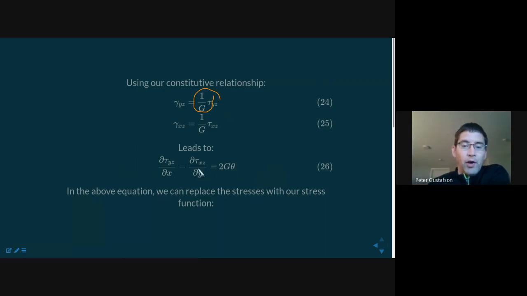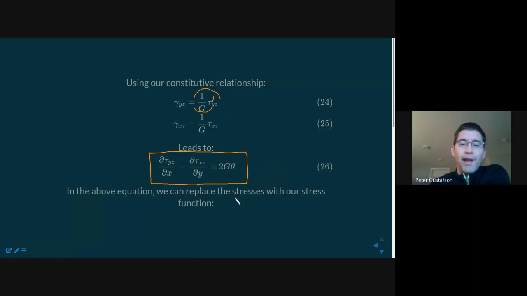Okay, now, so what we have is, again, a stress related to a rate of twist. And don't forget that Prandtl suggested, oh yeah, well, here's something, I don't know what the function is, but if this function exists, we can satisfy equilibrium.